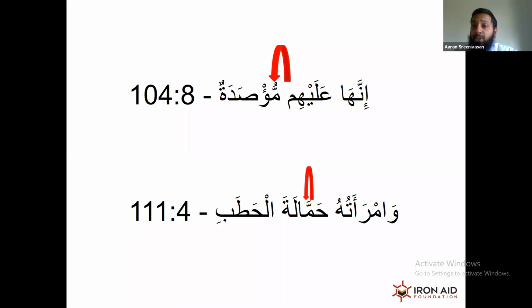In idgham shafawi, which applies to meem sakin, there is no idgham without ghunna. Any idgham shafawi you see is always going to be with ghunna, because there is only one letter in the rule of idgham shafawi, and that is the letter meem. If meem sakin is followed by meem, the rule is idgham shafawi, and it will always be with ghunna.